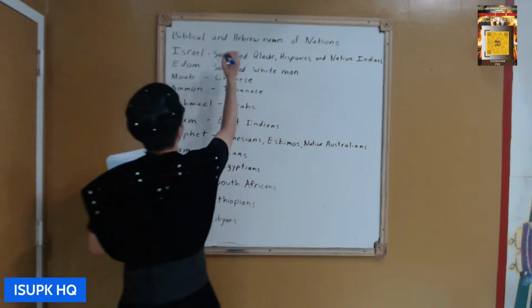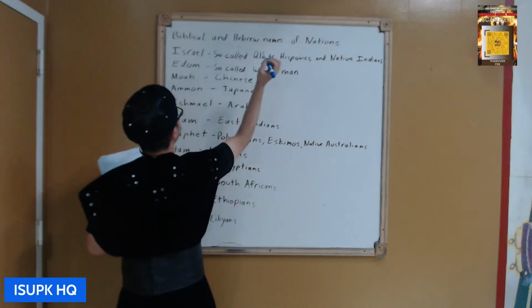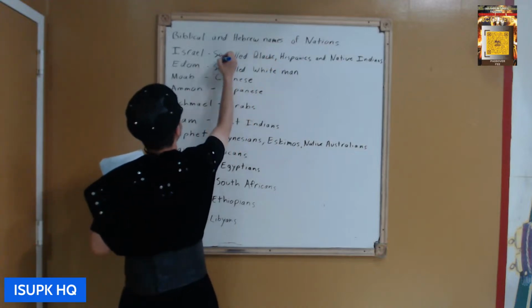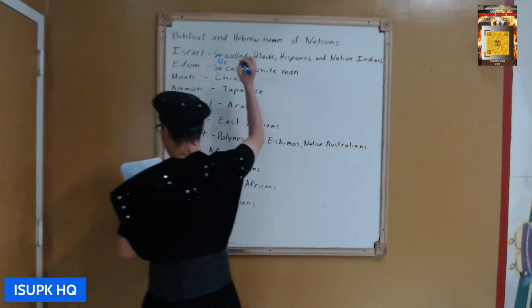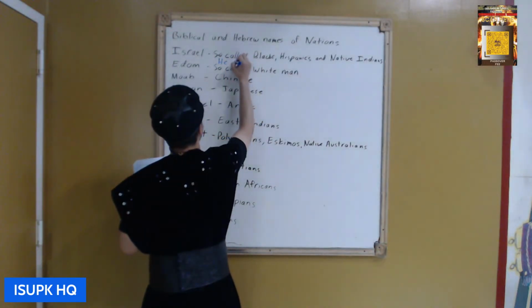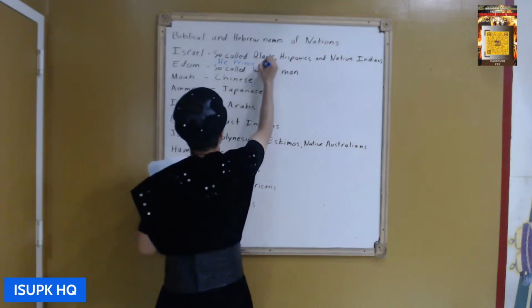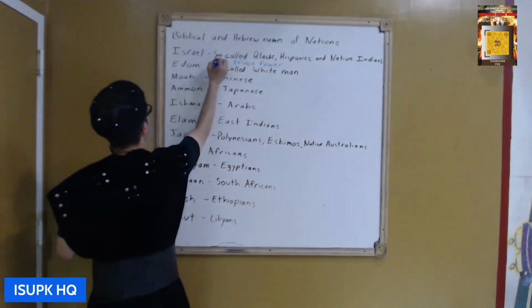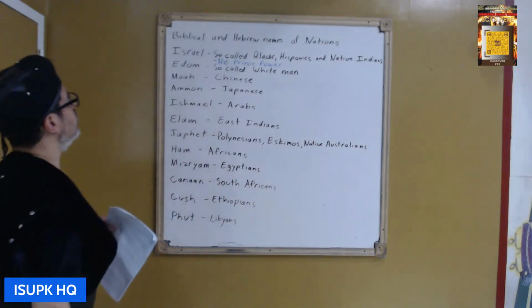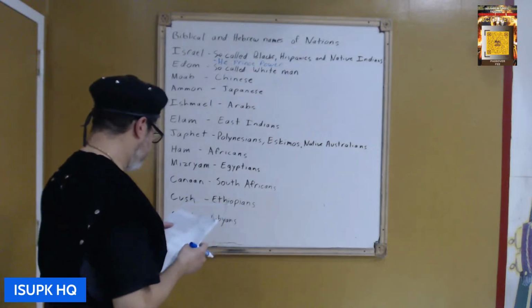So Israel be, he is the prince of power. Okay, so that's what the name Israel actually means.